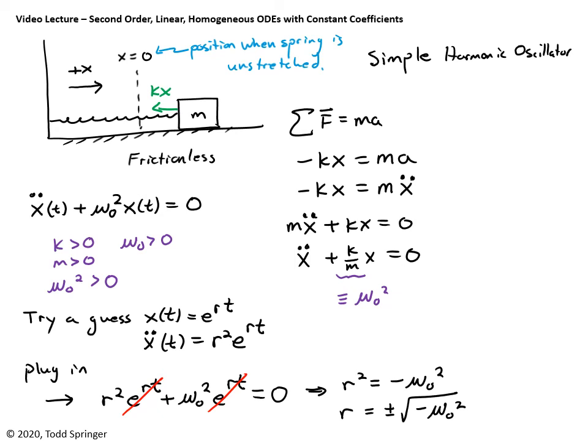Okay, but if you haven't seen this before, this looks strange because remember, omega 0 squared is a positive number, and then there's a minus sign sitting here. So I have here the square root of a negative number.